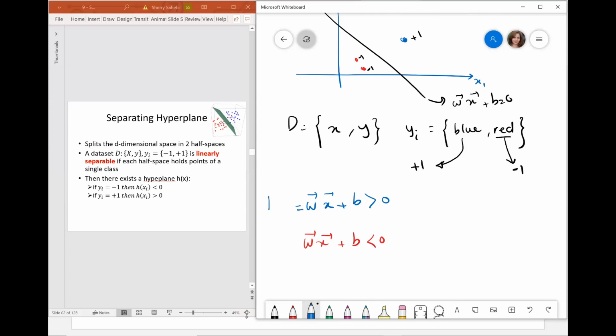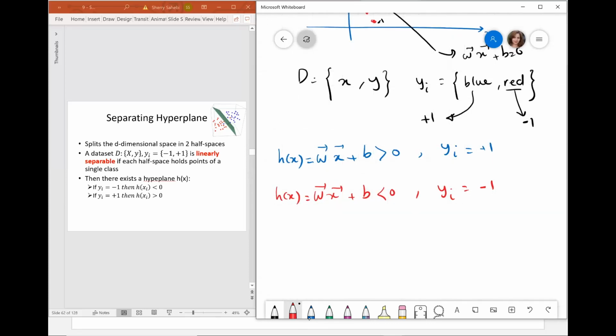So if I have h of x for the blue, it's going to be more than 0. If I have h of x for the red, it's going to be less than 0. Also, we just decided that the yi for the blue is going to be plus 1, and the yi for the red is going to be minus 1.